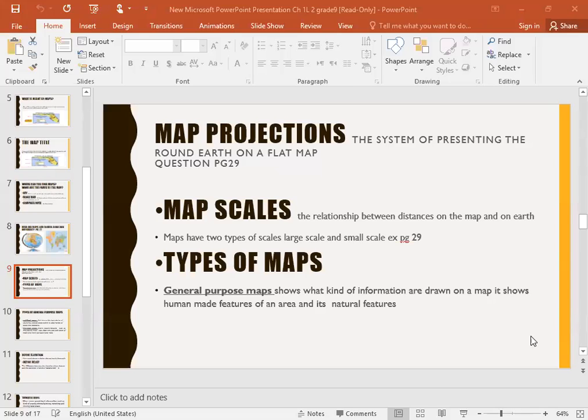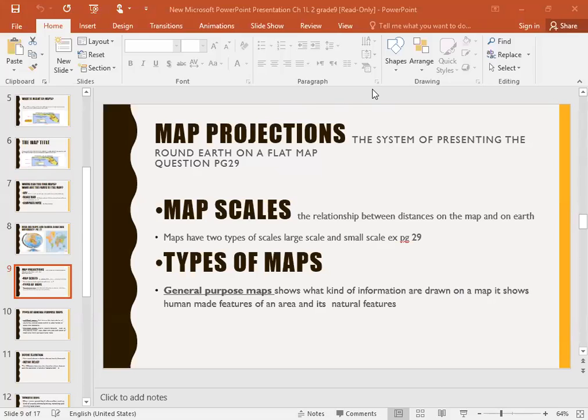The large scale map focuses on smaller areas, but the small scale map will show us the bigger areas.